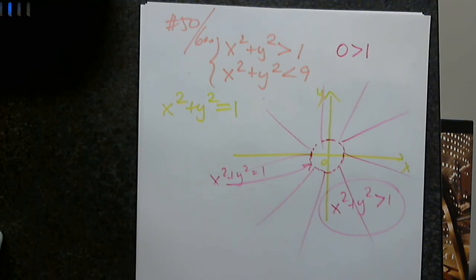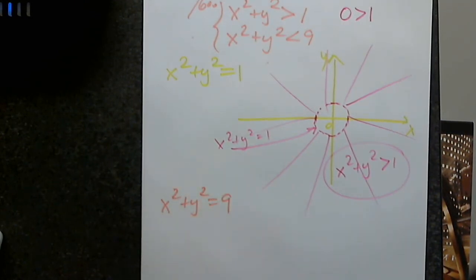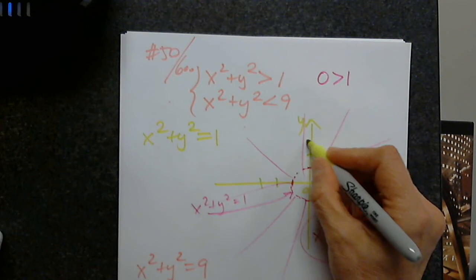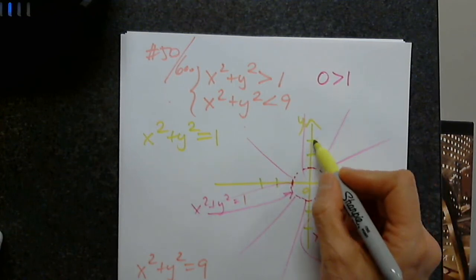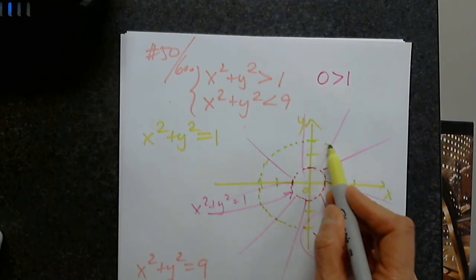Now I have to put in the next one, which is x squared plus y squared equals 9. What is it? A circle. Centered? 0. Good. Radius? Good. Dotted or solid? Good.